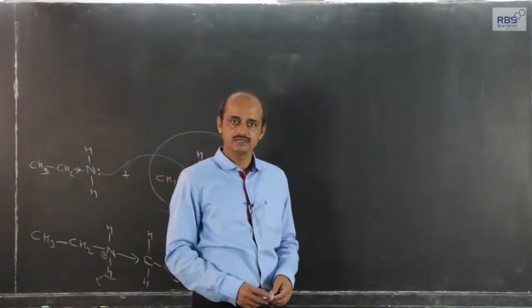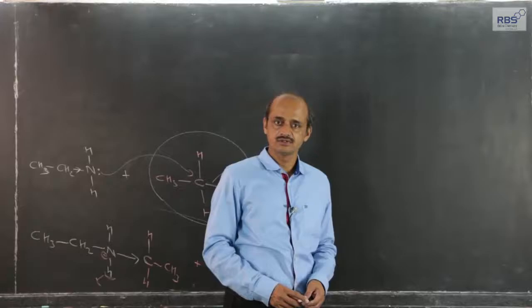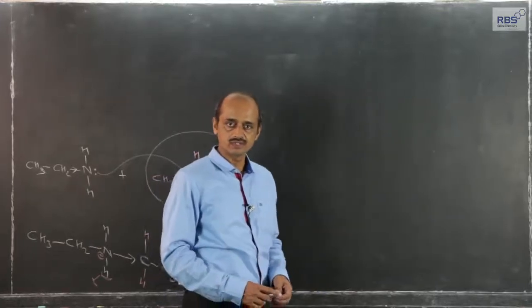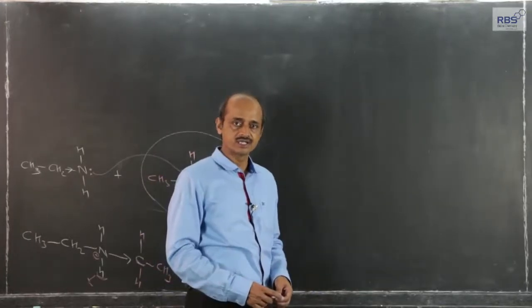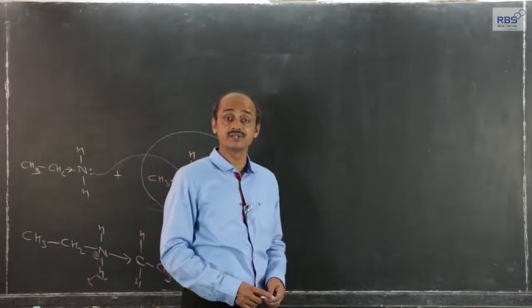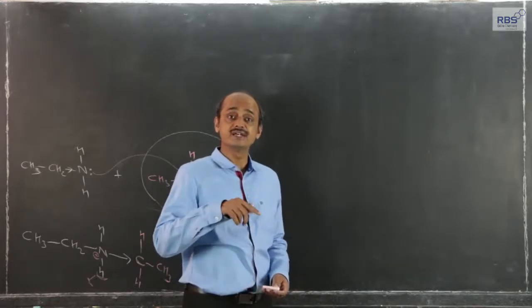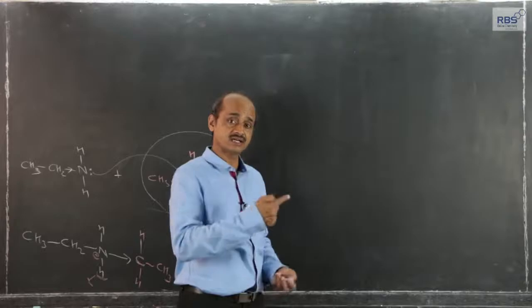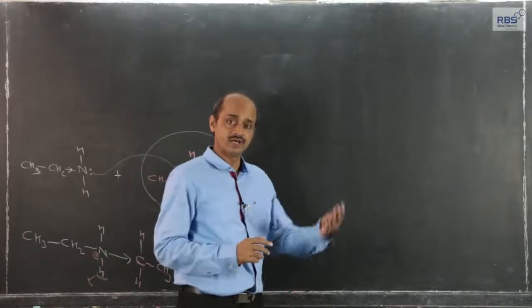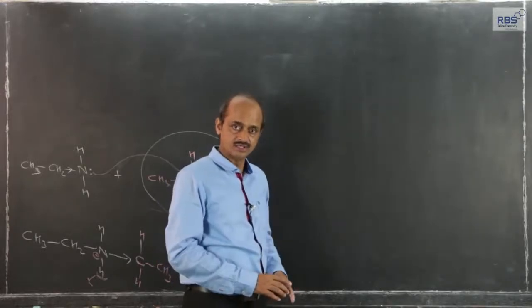The action of ammonia on alkyl halide using alcoholic solvent is under consideration, and just now we have seen that it takes place according to the SN2 reaction mechanism: attack of one nucleophile and removal of another nucleophile simultaneously.